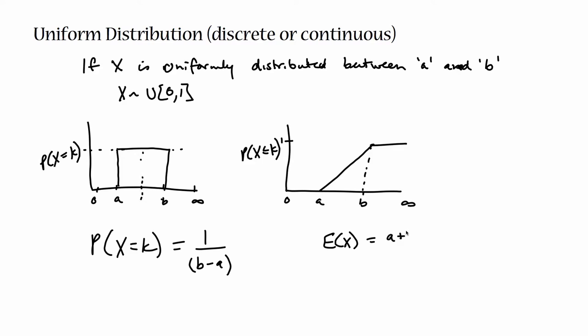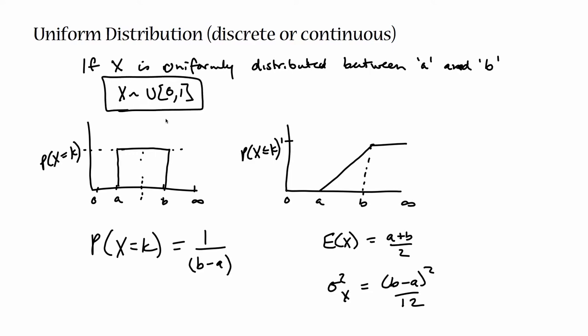So that's going to be a plus b over 2. And the variance of the uniform distribution is b minus a squared over 12. So it's just an odd fact that this uniform distribution up here, the one that we use most often in simulating things, the variance of that distribution is 1 over 12.